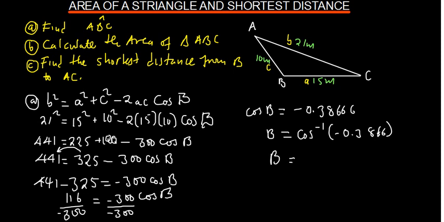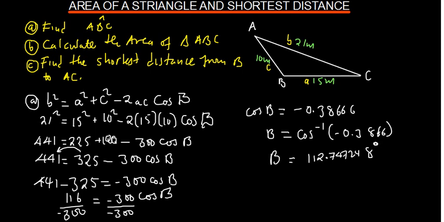So that is going to be shift cos, that will be cosine inverse of negative 0.3866. So that is going to give us 112.747248. This is going to be in degrees.